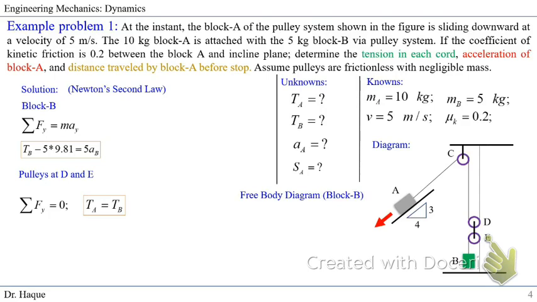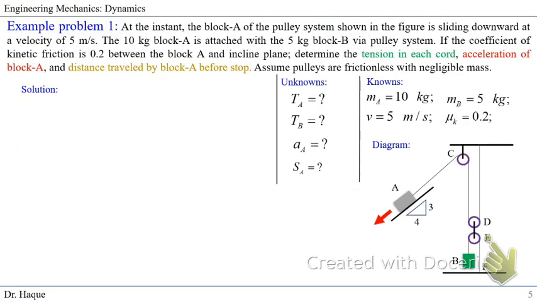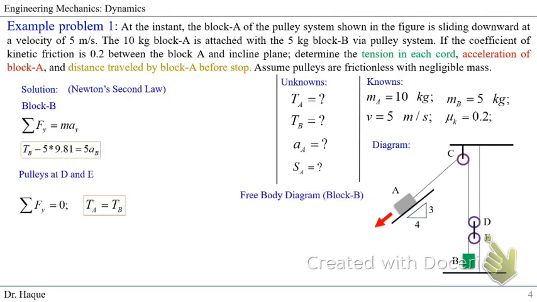So let's draw the free body diagram of block B. So block B, you see that there is only one tension acting in this direction, TB, and there is no force acting in X direction. So we will not consider the X part.